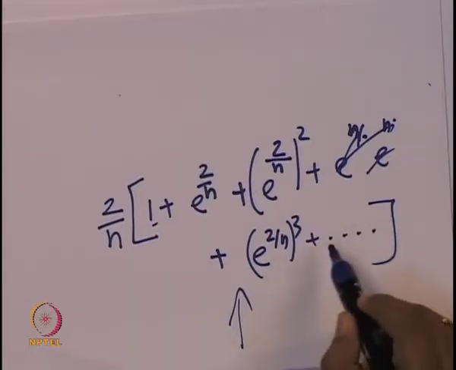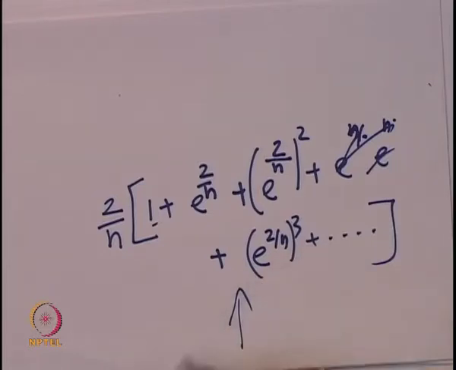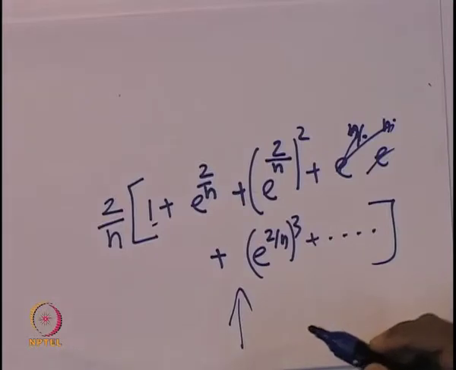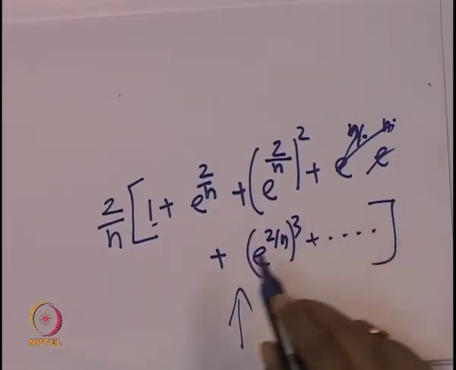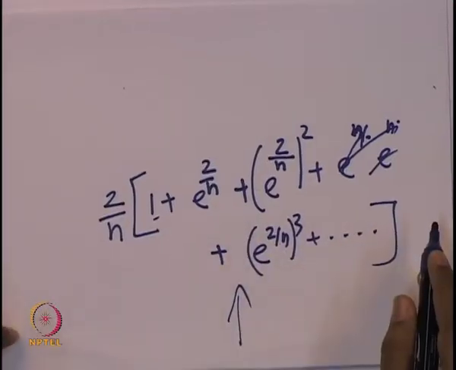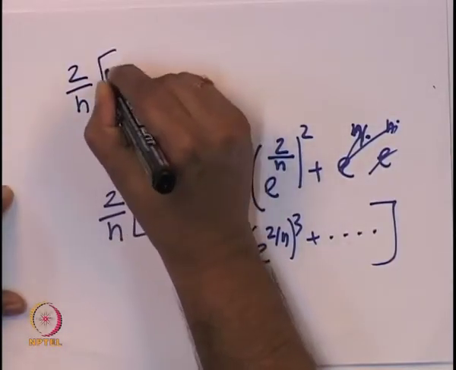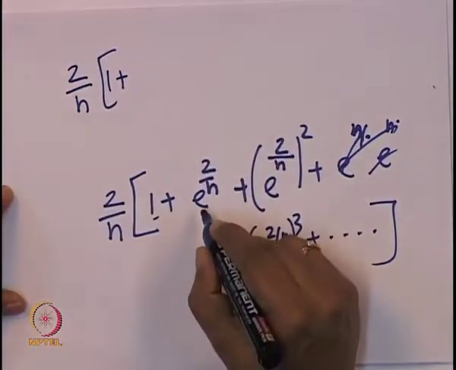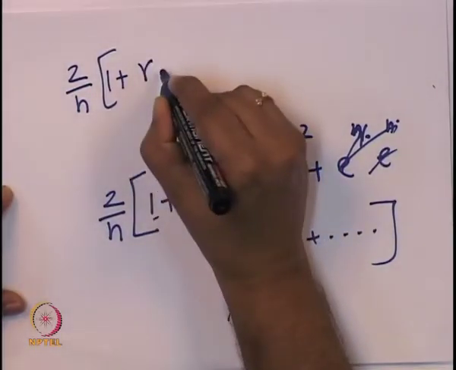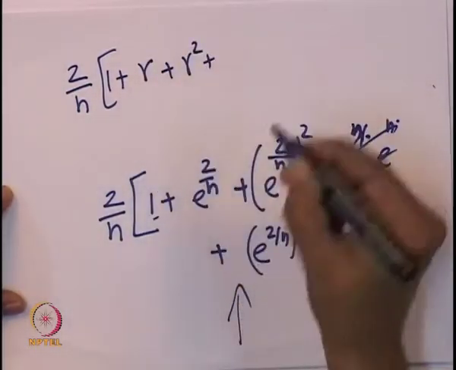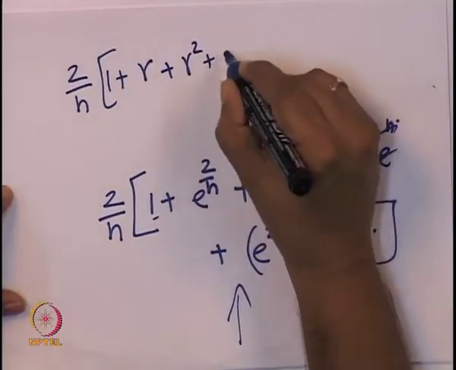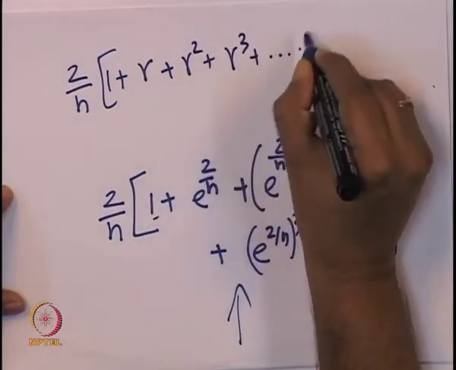This is something that you learned in school, called a geometric series. This is like 2 by n into 1 plus, let me call this r, plus r square plus r cube plus dot dot dot.